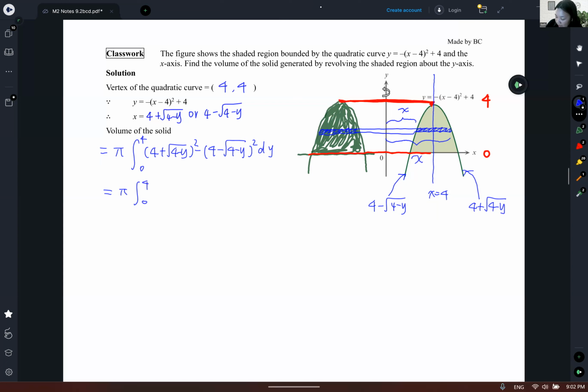Now you can also simplify by factorizing, because this is 4 plus root 4 minus y, multiply 4 plus, minus 4 plus. Factorizing can also help you simplify. In the end, again, it's 8 pi from 0 to 4, root 4 minus y dy.